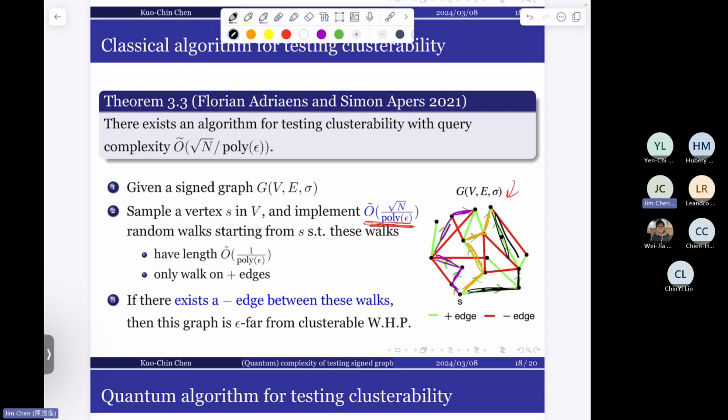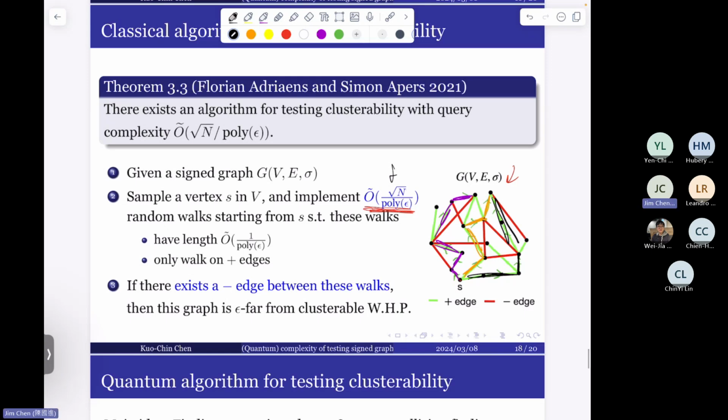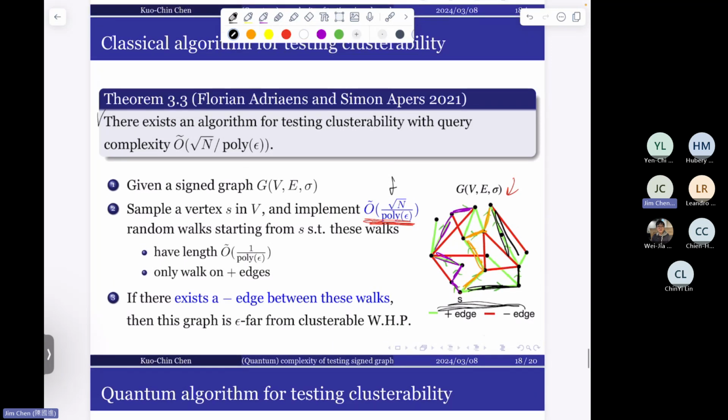We implement that many random walks, and if we could find one negative edge between these positive walks, then we know the graph is not bipartite. Also, it's not clusterable. And in this theory, they show that the graph is far from clusterable with a very high probability. Okay, so this is their main result.